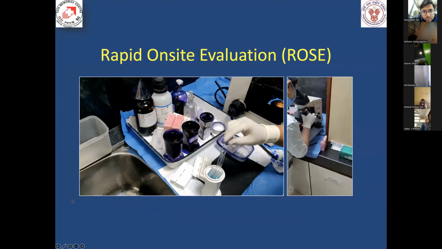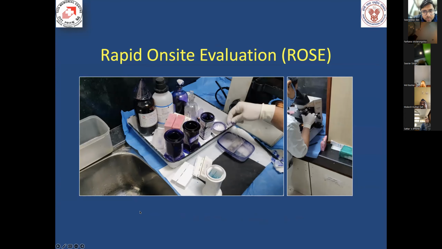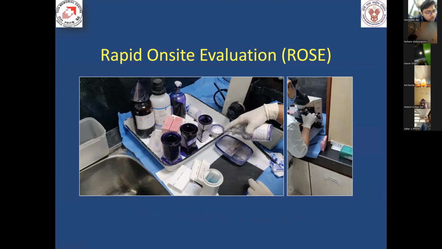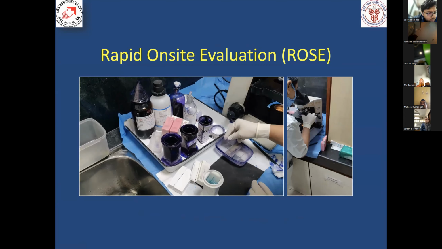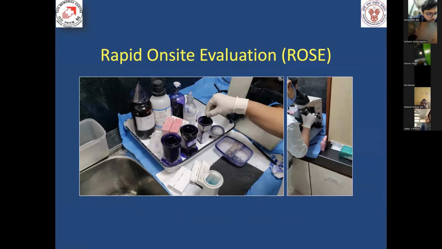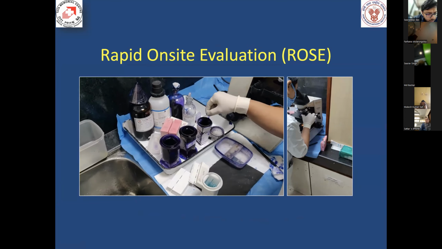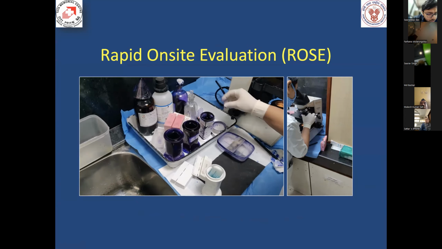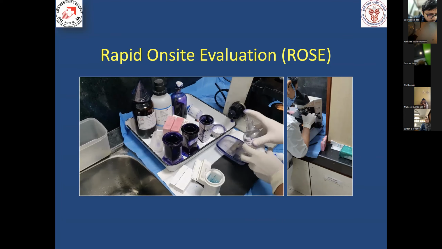One of the advantages that we have in our setup is the presence of rapid onset evaluation, what we call ROSE. As soon as the biopsy is done, we prepare the slide and give it to the cytologist who would be there, and they evaluate the adequacy then and there. If they're able to report on that slide, we take multiple cores from that area.